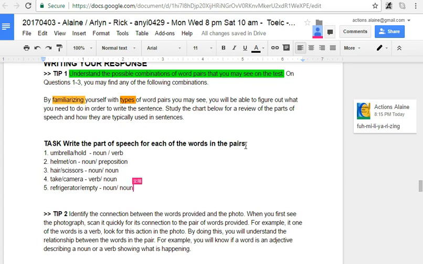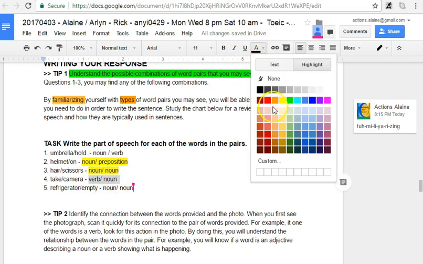Okay. All right, so let's go ahead and check your answers. For number 2, helmet is a noun, on is a preposition. Very good, this is correct. Next, hair is a noun, scissors is a noun. Very good as well. Next, take is a verb, camera is a noun.